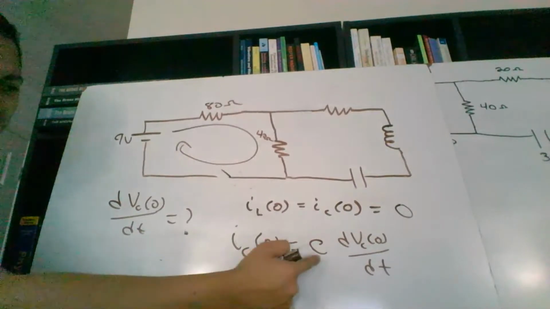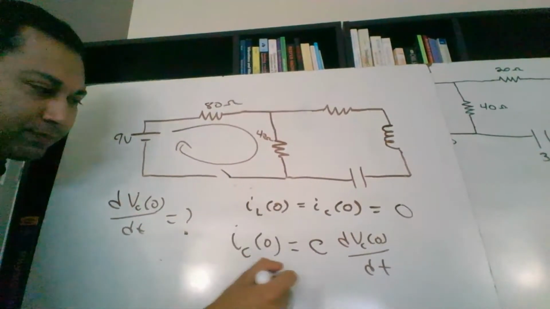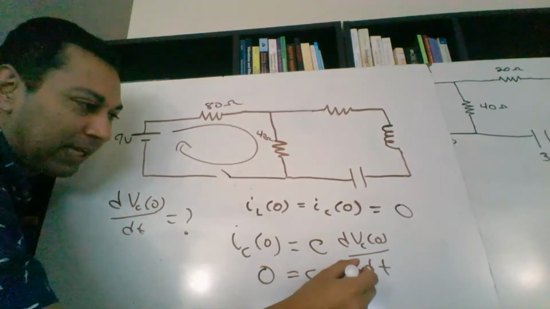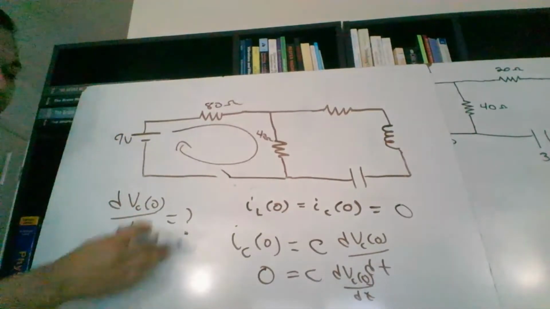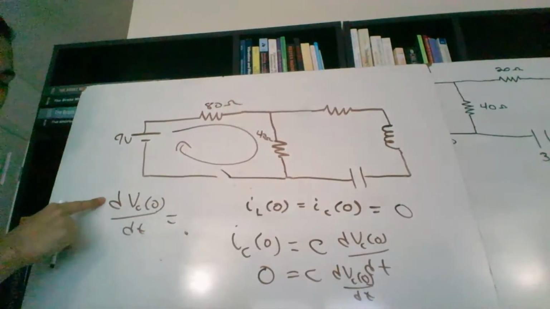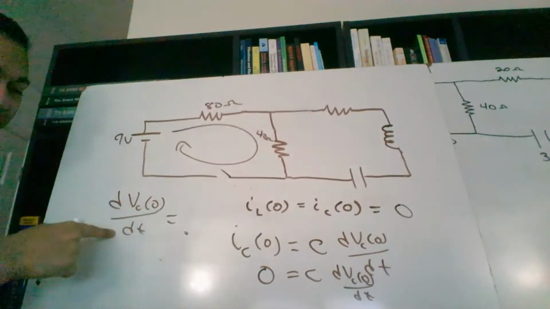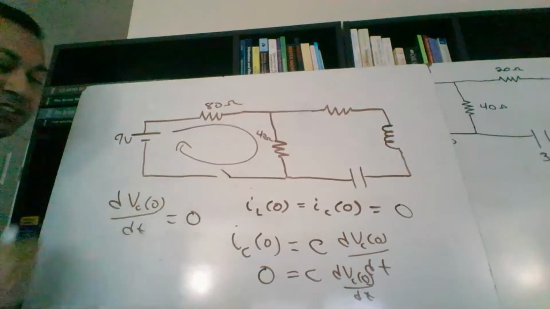So let's just put that there. This term, 0, is equal to C times dV_C at 0 over dt. The C goes away, and we establish that the change in the voltage of the capacitor as a function of time at time equals 0 is going to be 0.